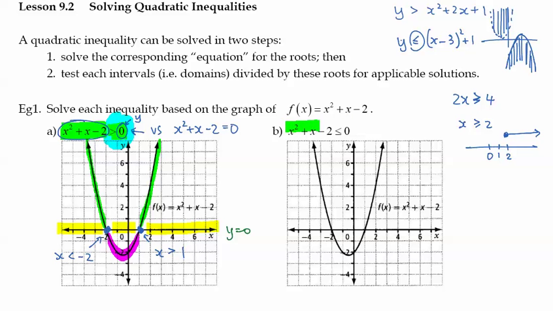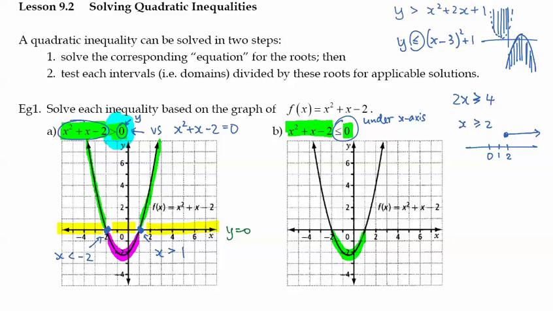This time, if I want to figure out the places where my parabola is less than 0, or in another word, under the x-axis, less than 0 means under the x-axis. This is the place where you see your parabola less than 0.